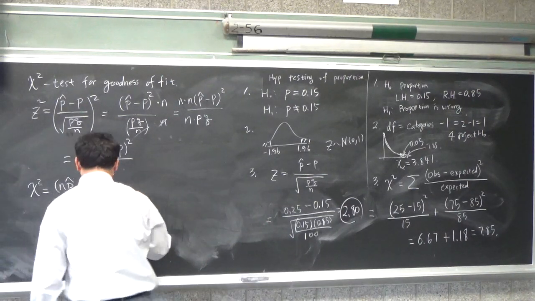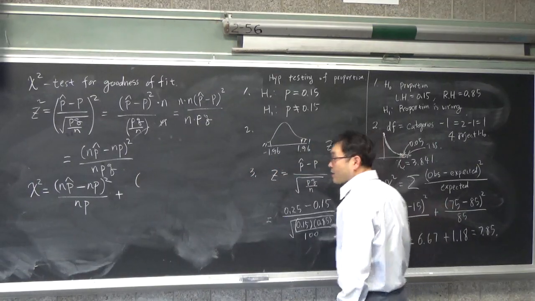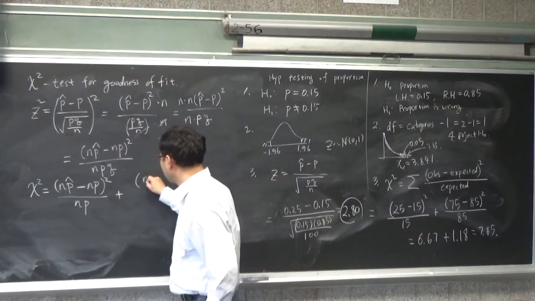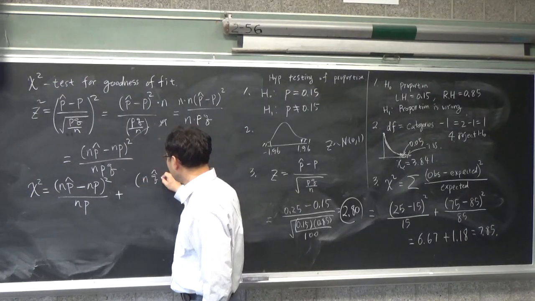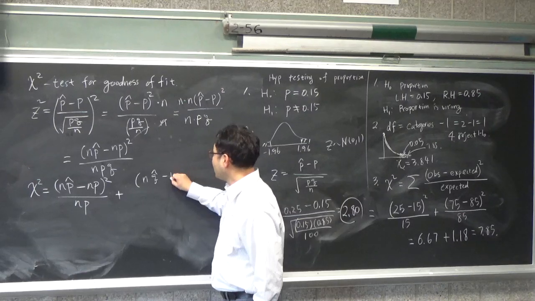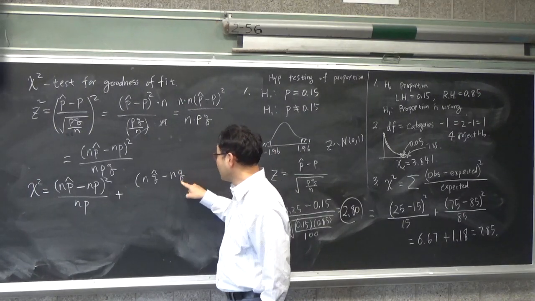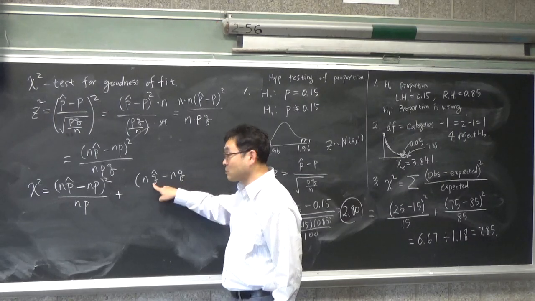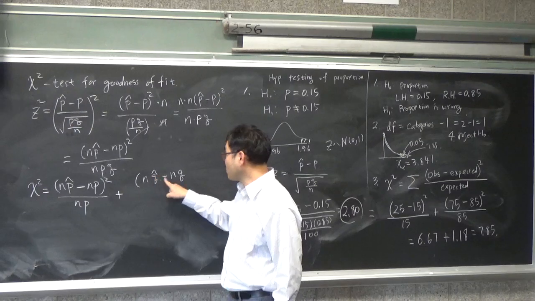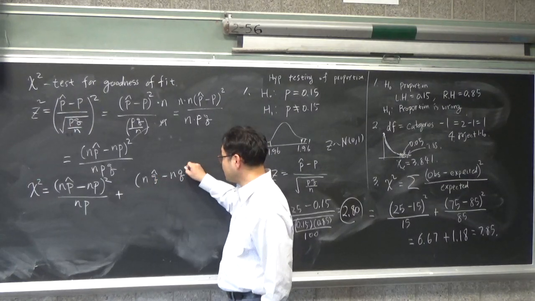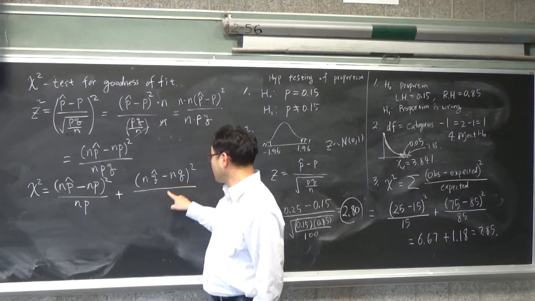On the other hand, what is the observed quantity of the other category? That's n times q hat, minus n times just q. Q is the expected. This q hat is the observed proportion, and this is the expected proportion. Divided by the same kind of number, nq.